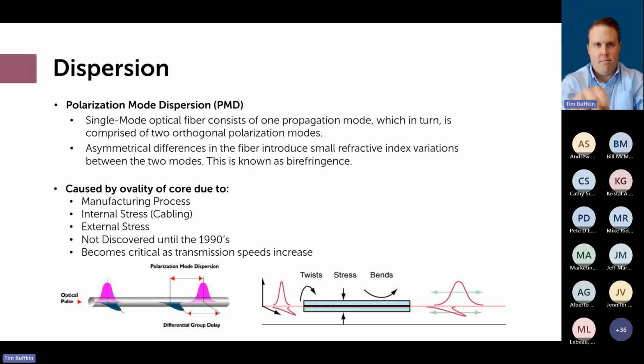So it's 360. But what can happen though is if the core isn't perfectly symmetrical, it can then create issues with the angle in which it's reflecting or refracting between the core and the cladding. So if you look on the bottom left, you'll see the polarization mode dispersion. You can see how basically what can happen is it can throw off how the signal is traveling down.